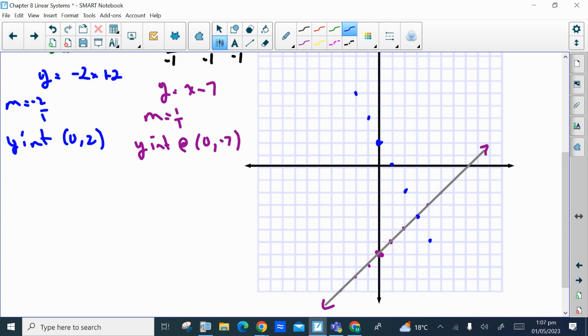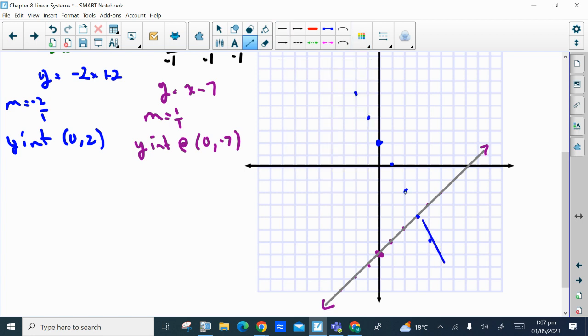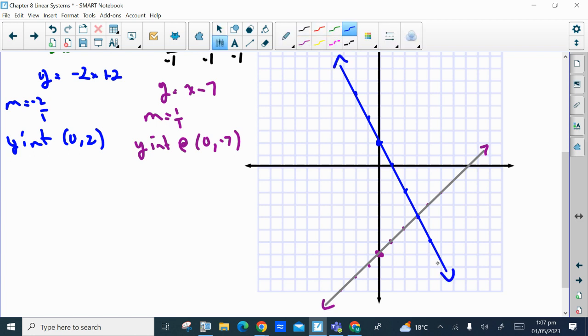But what you need is the point of intersection, which we can see even without drawing the line, because when we rose negative 2 and ran 1, we actually ended up on the other line. So that's that point right there, which is the point 3, negative 4.